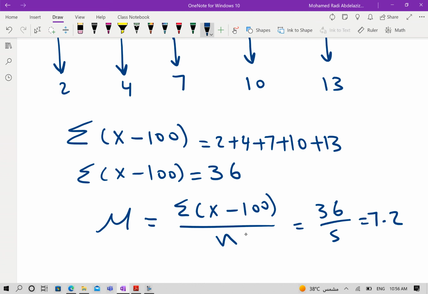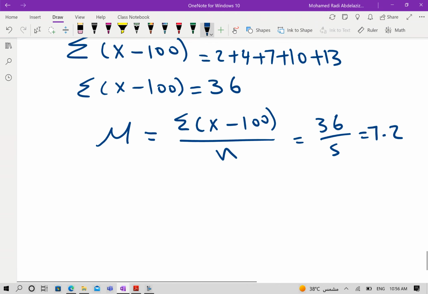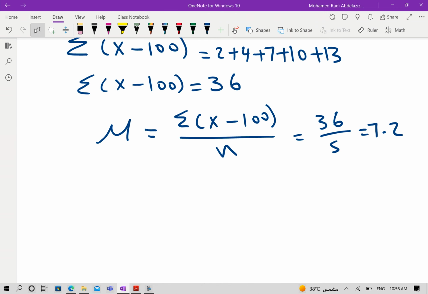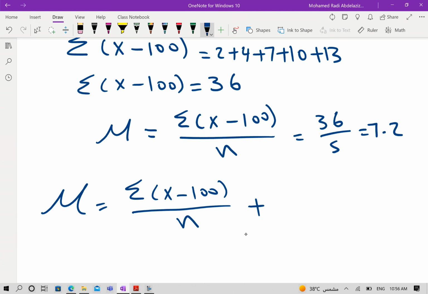But this is mu of the values after subtracting 100. So what is the mu after adding the 100 again? So use coded data to make it easier to calculate. How? Now if I ask for mu of the original values, it is sum of x minus 100 divided by n, but you have to add the 100 again.